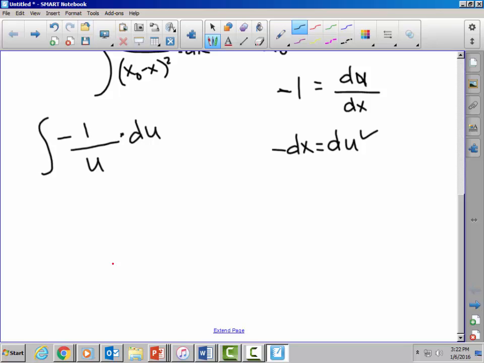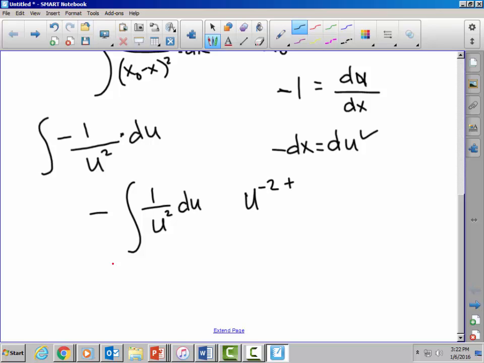All right, so I can integrate. The negative can come out. So I can integrate 1 over u squared if I use my power rule, because 1 over u squared is u to the negative 2.